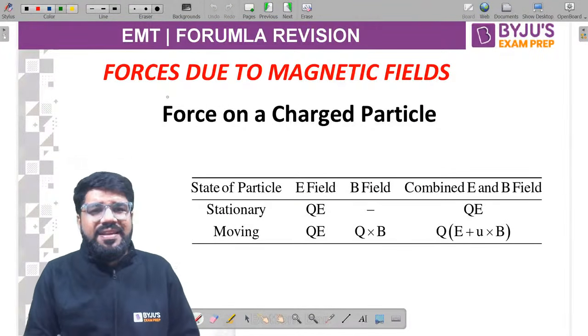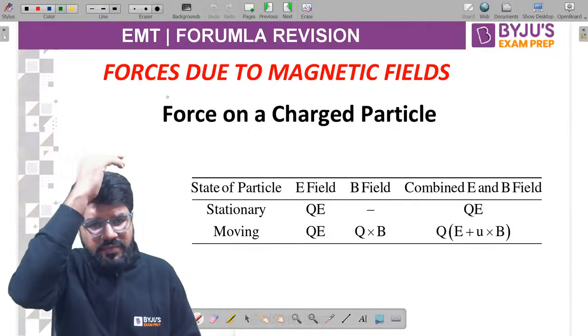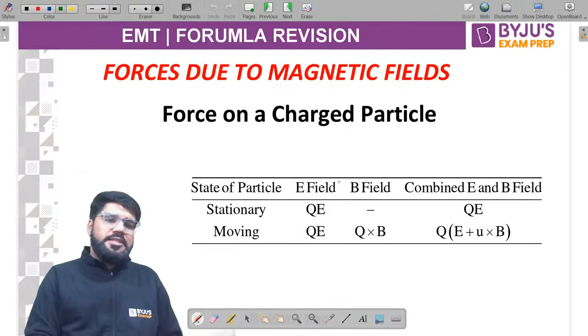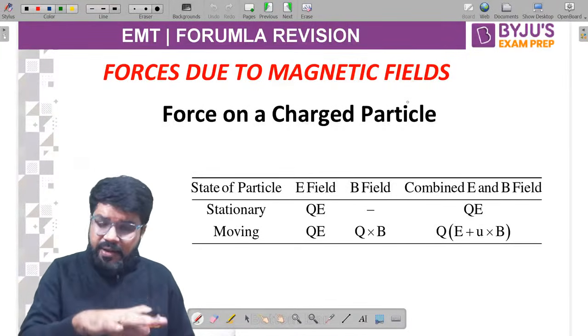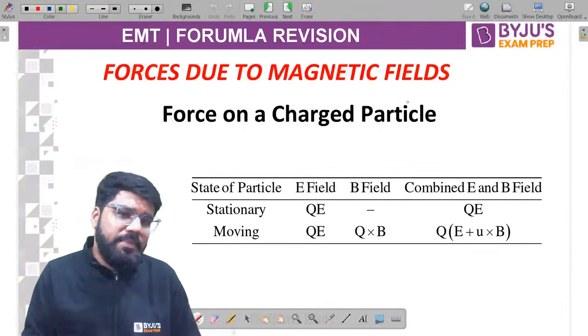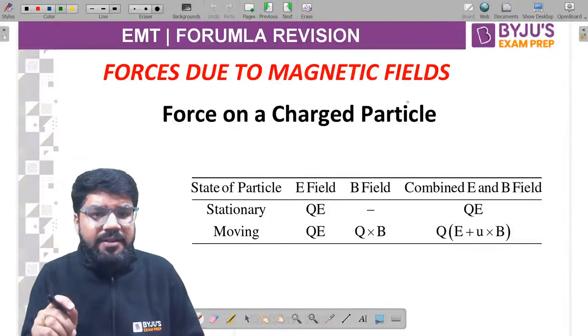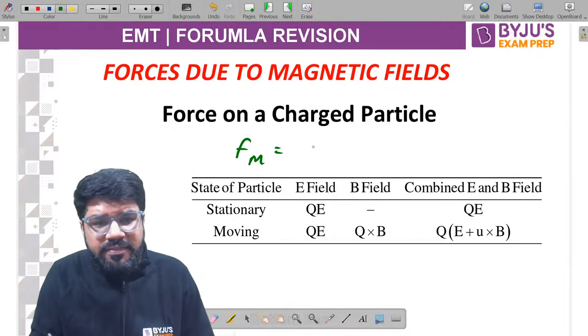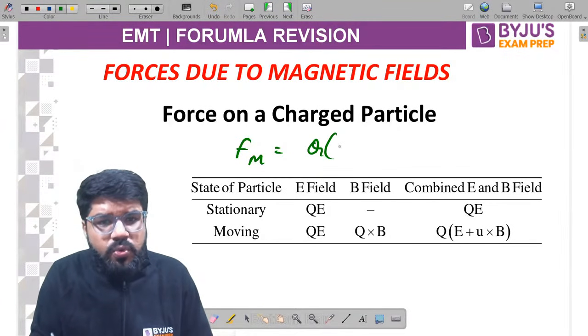The next thing from where you can expect a question is the force on a charged particle when it is moving in the presence of an electric field, a magnetic field, or a combined electric and magnetic field. The force on a charged particle due to the magnetic field is given by Q into U cross B, where U is the velocity of the particle.